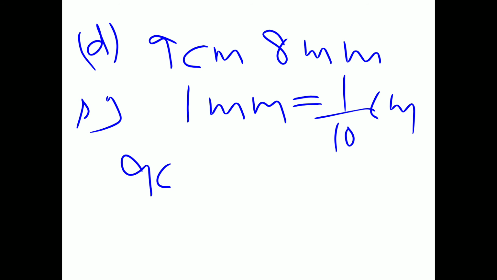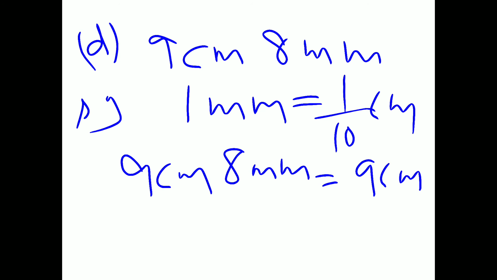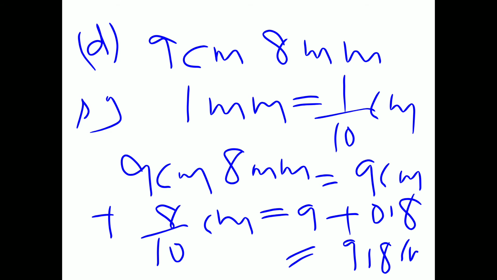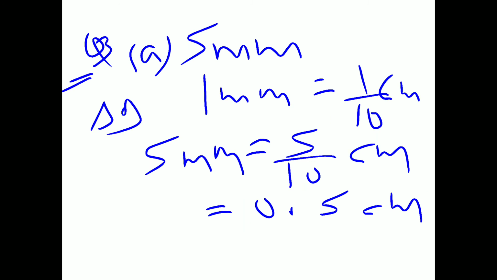So 9 centimeter 8 millimeter will be equal to 9 centimeter plus 8 by 10 centimeter, which will be equal to 9 plus 0.8, and that is 9.8 centimeter. Clear? All the questions in this one question are the same, we are doing conversion only. So you must know the formula. If you know the formula, then things will be easier for you.